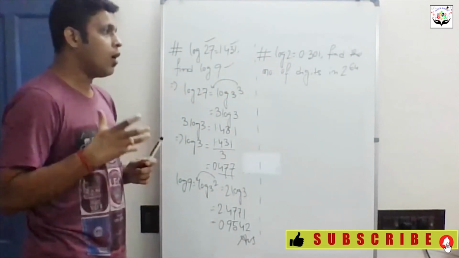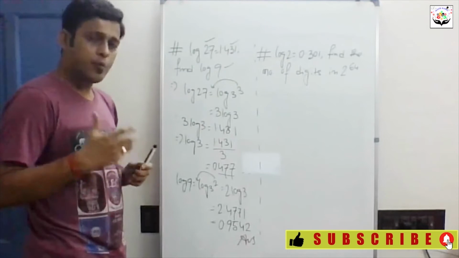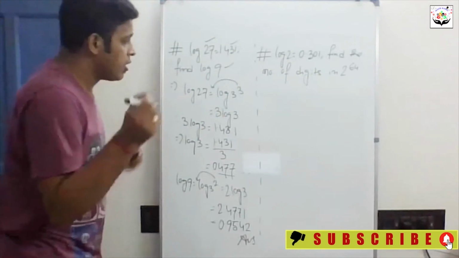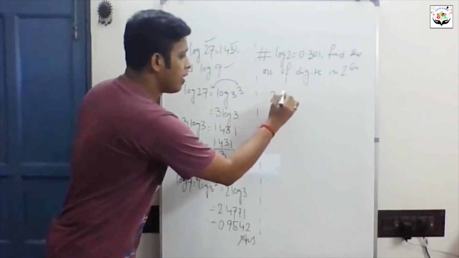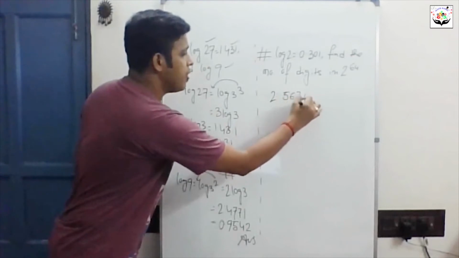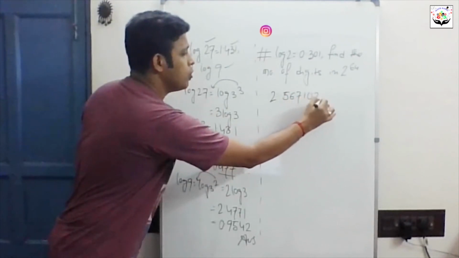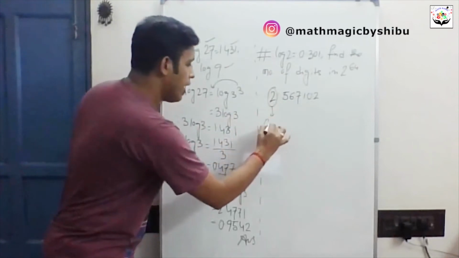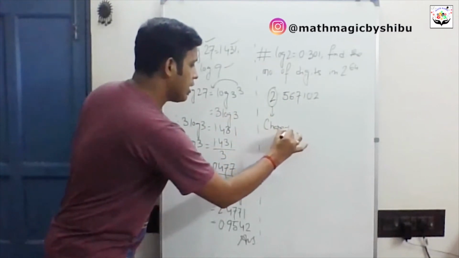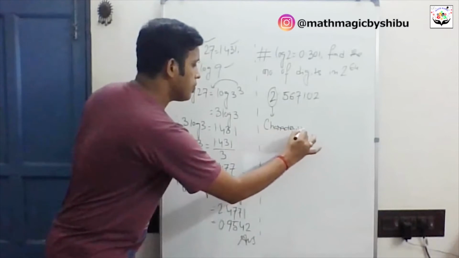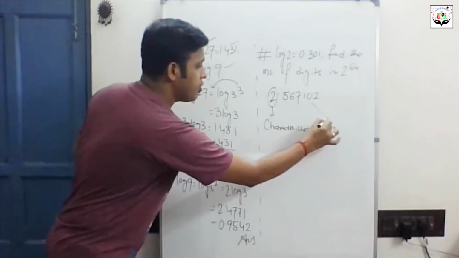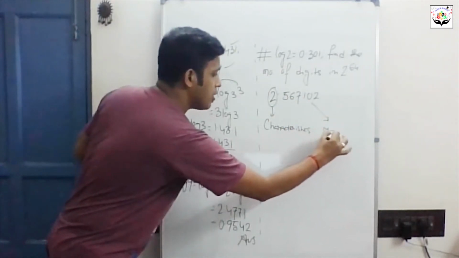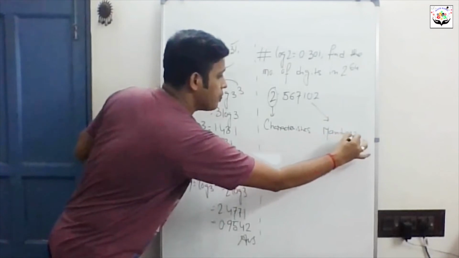So how to solve this kind of problem? Let me tell you one thing first. Suppose we are writing any number like 2.56710. This portion is called the characteristic, and this portion is called the mantissa.